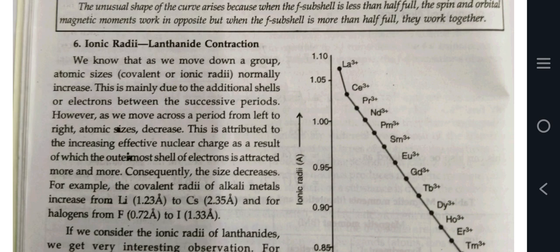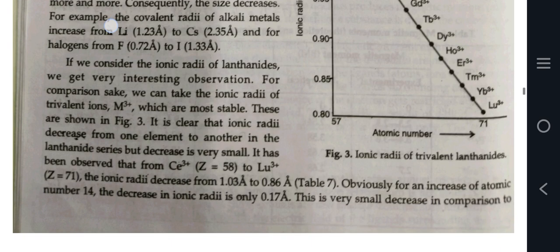This is attributed to the increasing effective nuclear charge, as a result of which the outermost shell of electrons is attracted more and more. Consequently, the size decreases. For example, the covalent radii of alkali metals increase from lithium 1.23 angstrom to cesium 2.35 angstrom, and for halogens from fluorine 0.72 angstrom to iodine 1.33 angstrom.